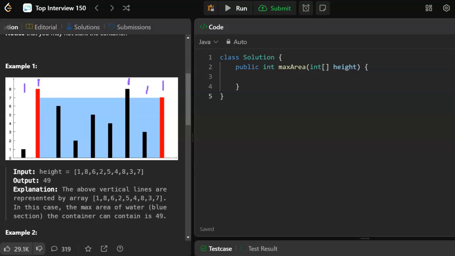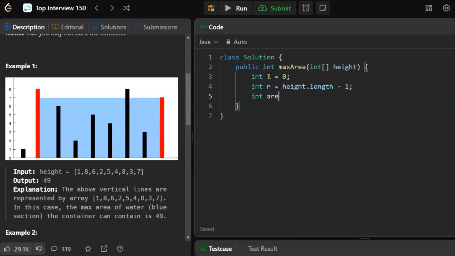All right, so let's look at what the code for this would look like. So we need 2 pointers. We need a pointer on the left, which is initially 0. We need a pointer on the right, which is initially height length - 1, and we need a variable to hold the largest area that we've seen so far, which is currently 0.